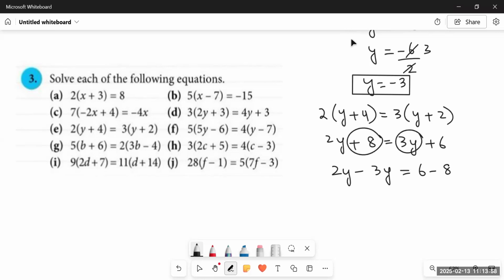Okay, just circle the numbers that you have to shift so that you won't make mistakes while changing the signs. So 3y from positive will become negative, plus 8 from positive will become negative, but 2y and plus 6 would remain same. Then minus y, 2 minus 3 is equals to minus 1, and we will keep it as minus y is equals to 6 minus 8 is equals to minus 2. Now minus minus cut. The answer would be y is equals to 2.